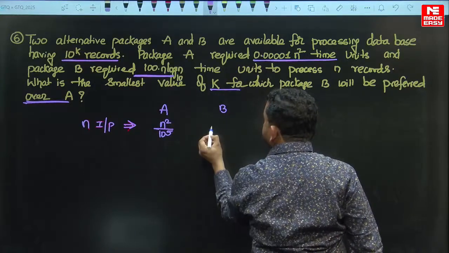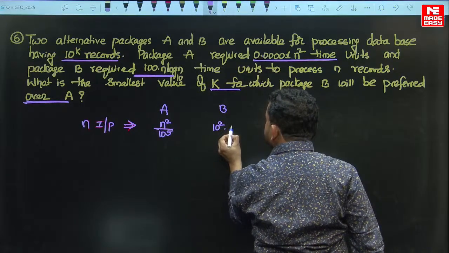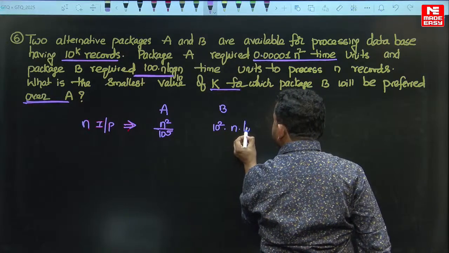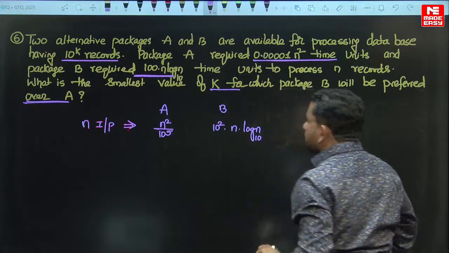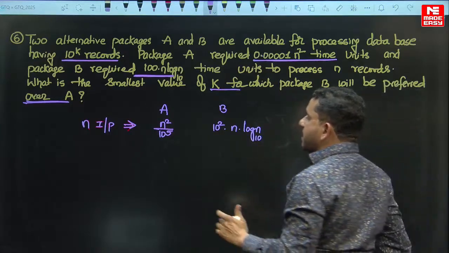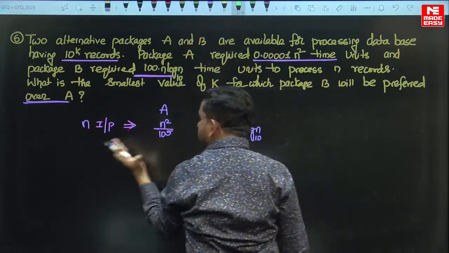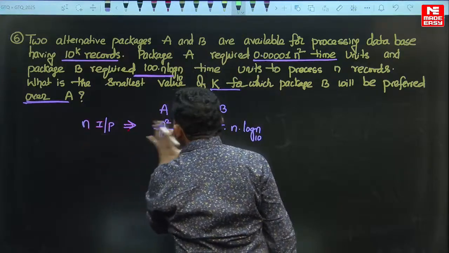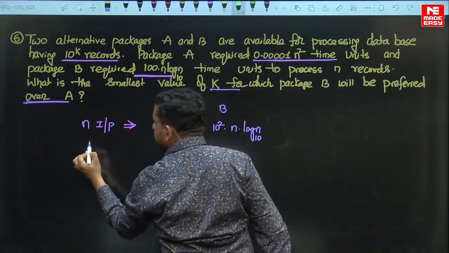Package B is 100 multiplied with 100, that is 10 square, multiplied with n log n base 10. This is package A and package B. This type of question needs substitution of small n values, because it is not an asymptotic comparison here. So we can use the substitution method for this question.